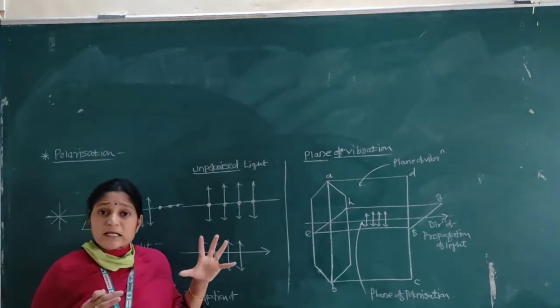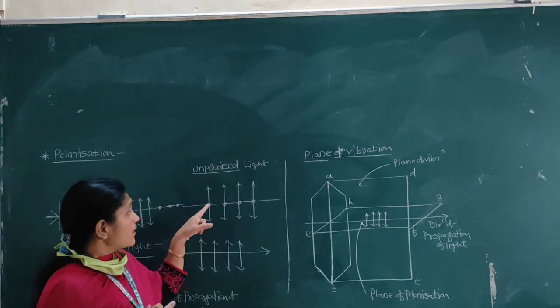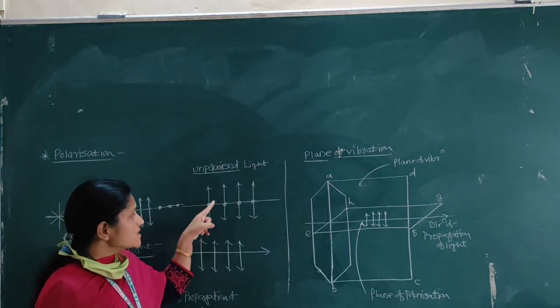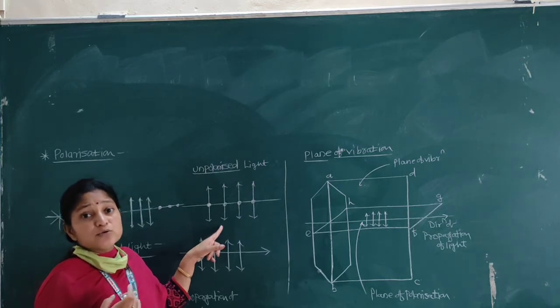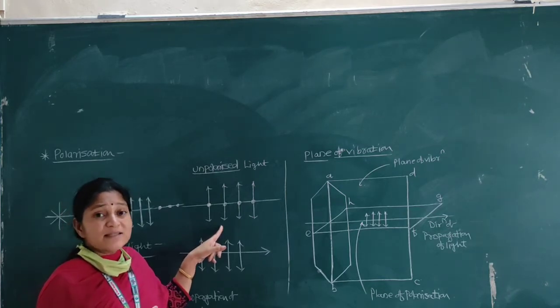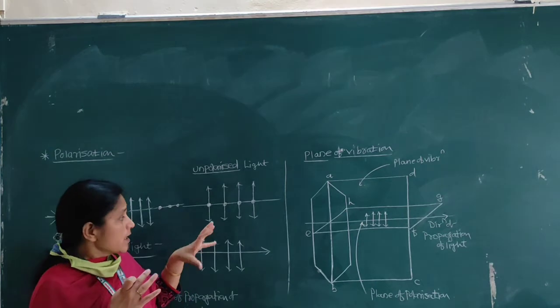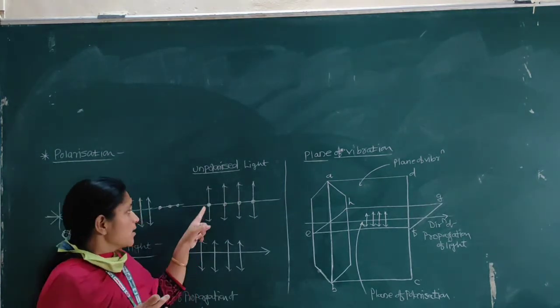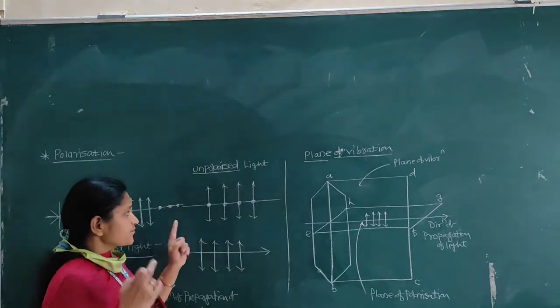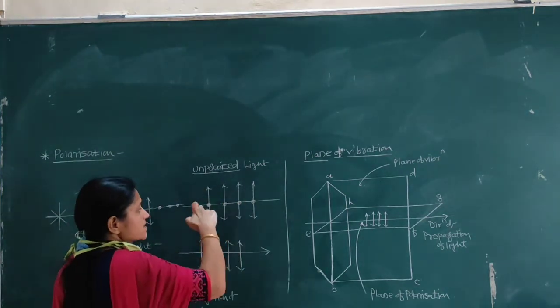Now if we represent light by a dot as well as an arrow, then it does not represent a polarized light, because if we see this figure, there are two directions, one like this and the other like this.